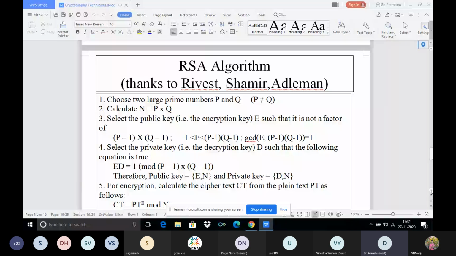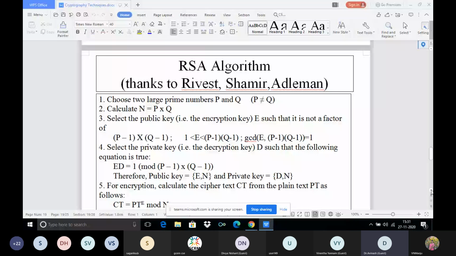The fourth step is to select the private key, that is the decryption key, which is used by the receiver. So we have to generate the public key as well as the private key.